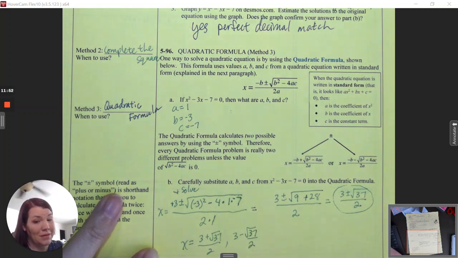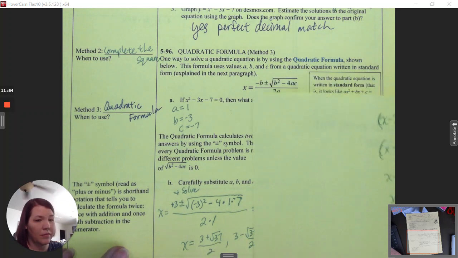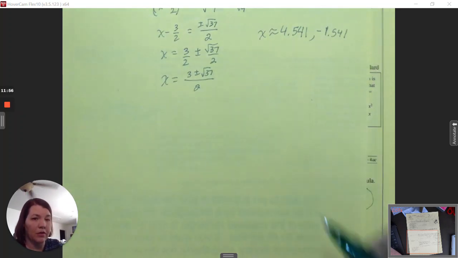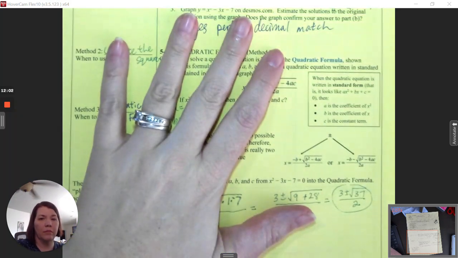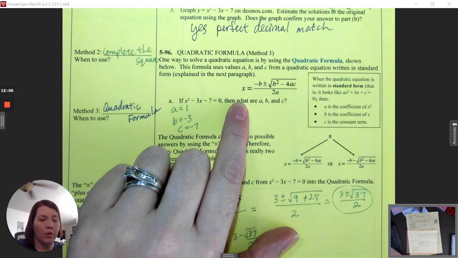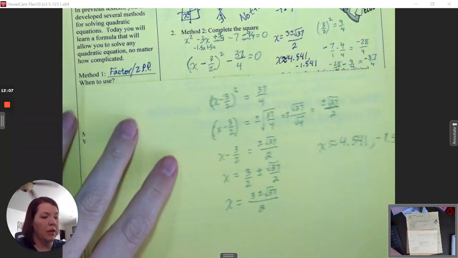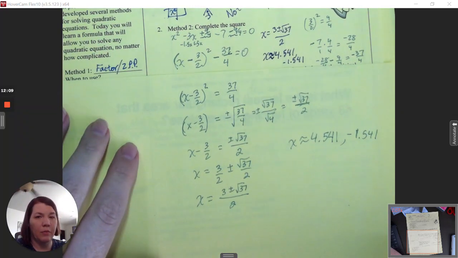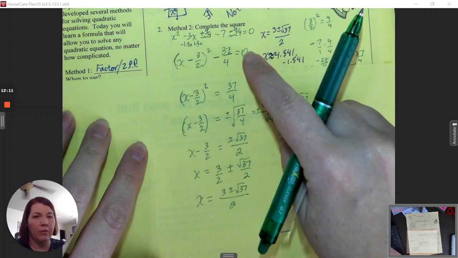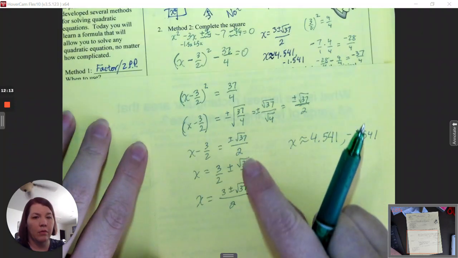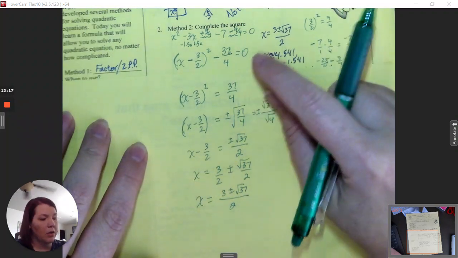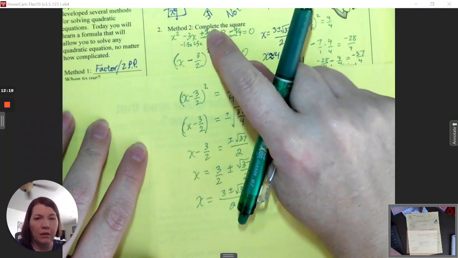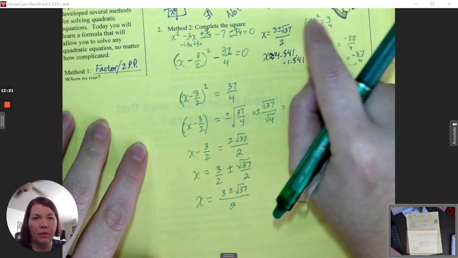And if I'm not mistaken, here's my completing the square. There was my answer. So I just want to compare the work. This is the work completing the square all the way through. Then decimals. So it took thinking, figuring out what that was.